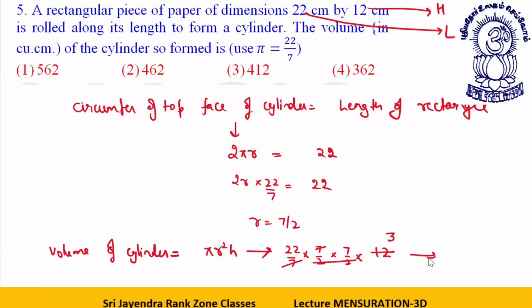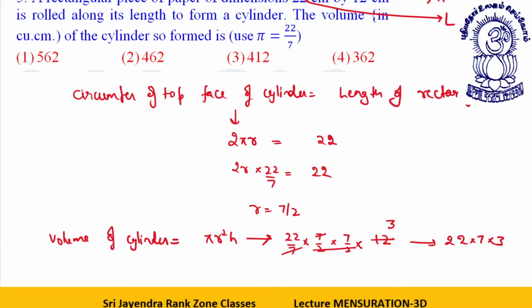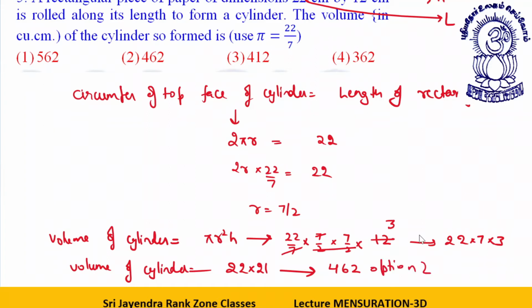So this gives me 22 into 7 into 3. Or I can say volume of cylinder is equal to 22 into 21. That is 21 square plus 21. 441 plus 21, 462. Option number 2 is your answer. I hope it makes sense and this is clear to everyone. Okay.